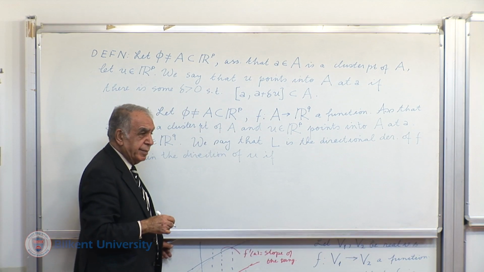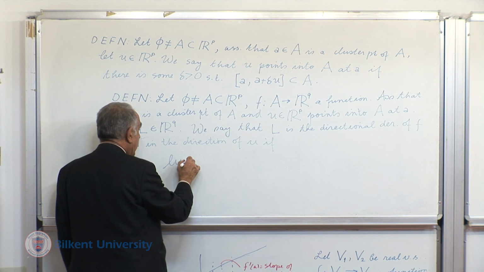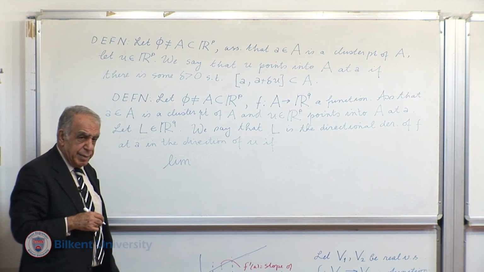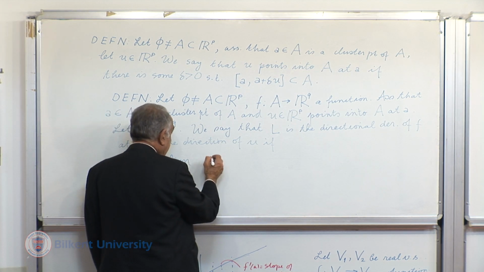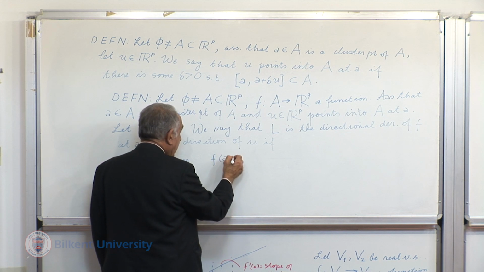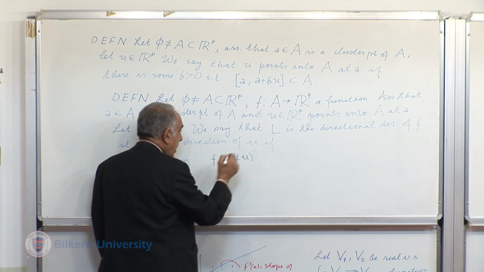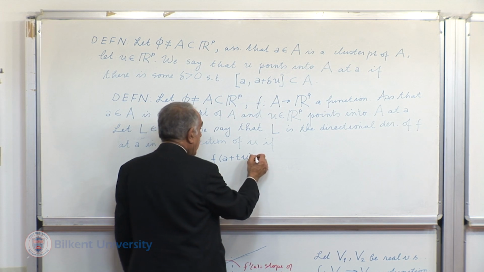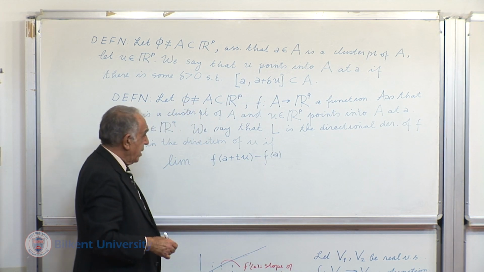if, well, let me first write that in the limit form. We have formalized this. What do we do? We start from a, then we take f of a plus tu, then minus f of a.